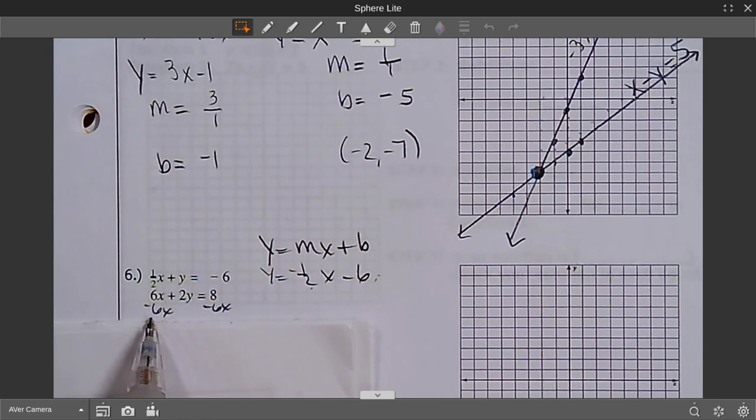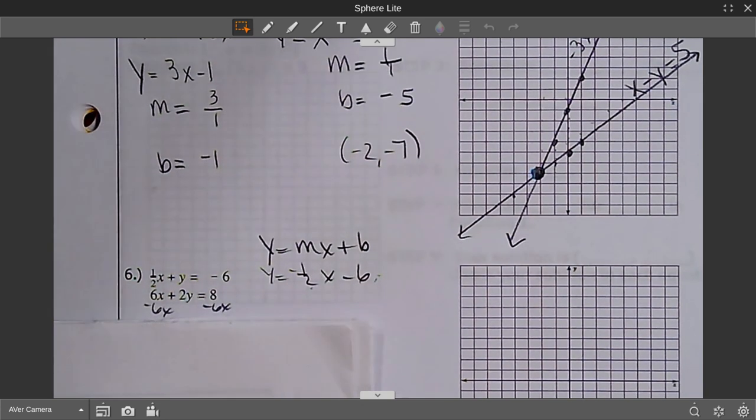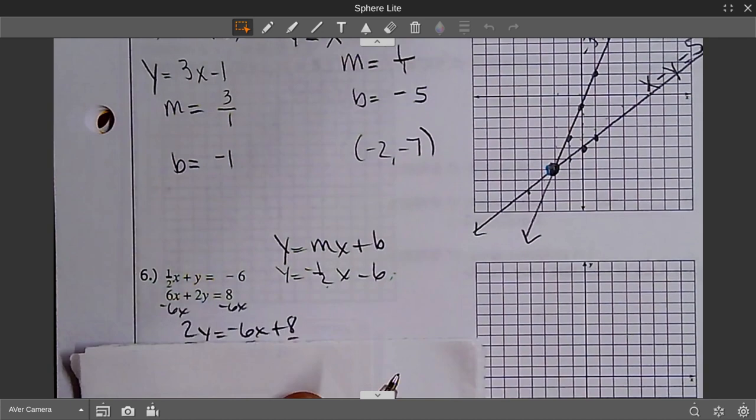So your first step here is to subtract 6x from both sides. What do you get when you subtract 6x from both sides? If I move 6x over, what's on the left? 2y equals -6x.